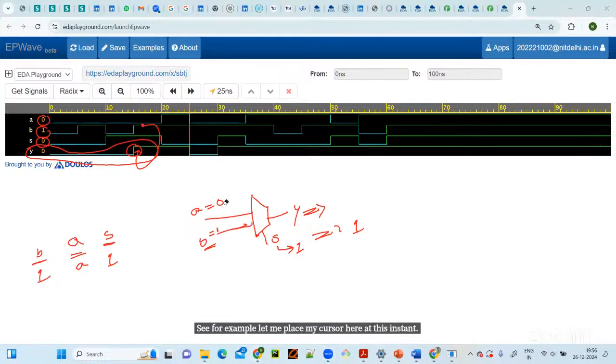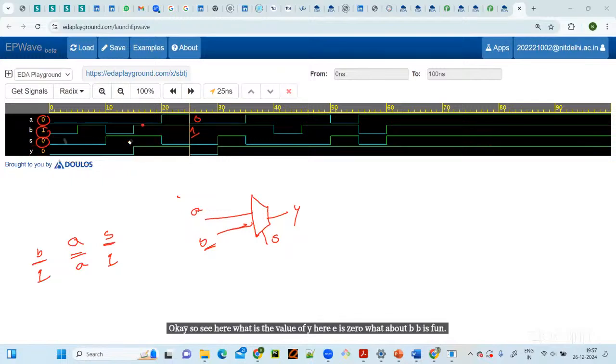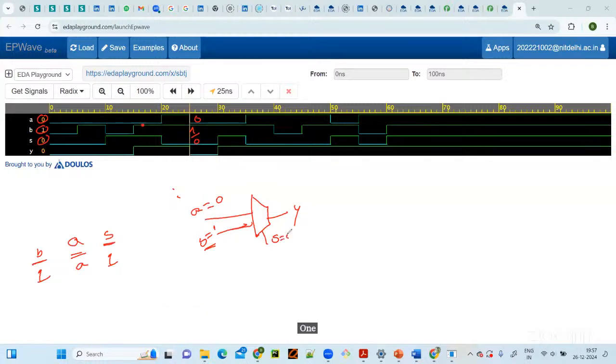Next, let me place my cursor at this instant. What is the value of A here? A is 0. What about B? B is 1. What about the selection line? The selection line is 0. So A is 0, B is 1, selection is 0.